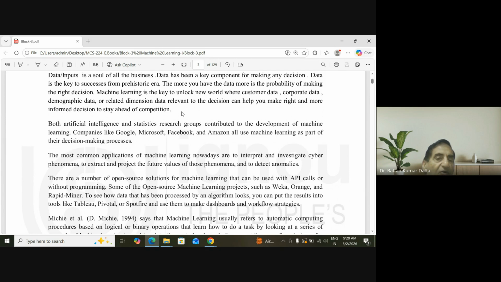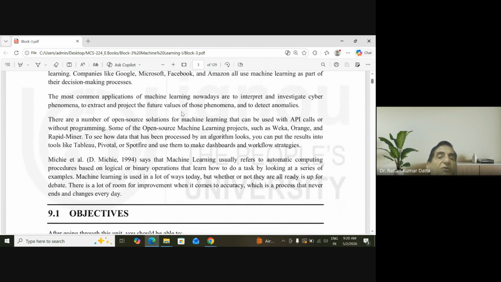That's why Google, Microsoft, Facebook, Amazon all use machine learning as part of the decision-making process. There are a number of open source solutions for machine learning that can be used with API calls. These are various methods which various scientists have named.